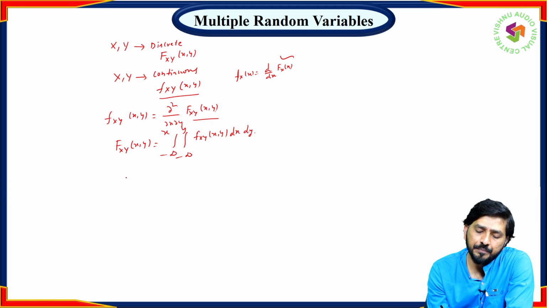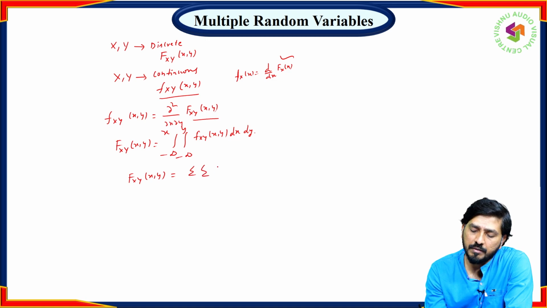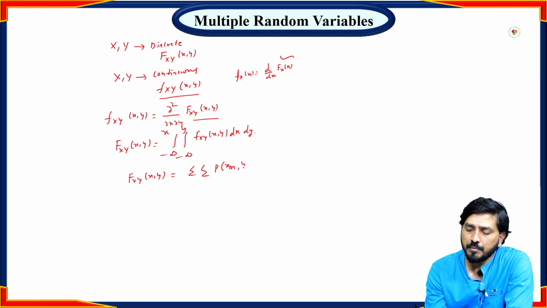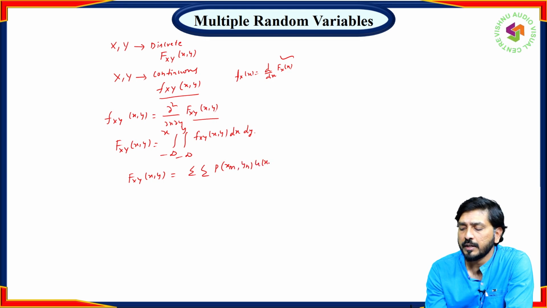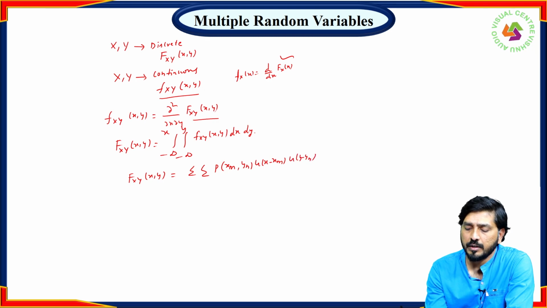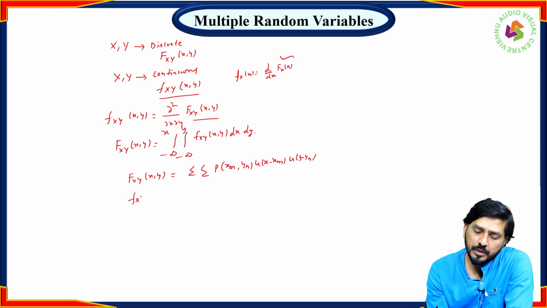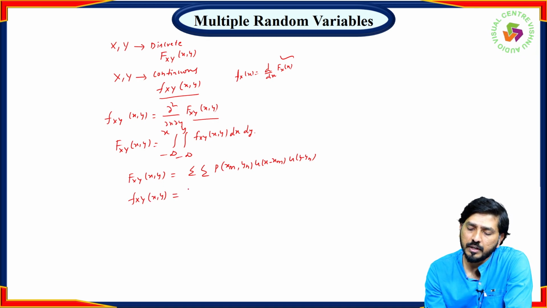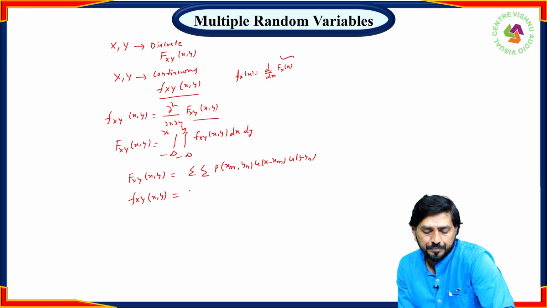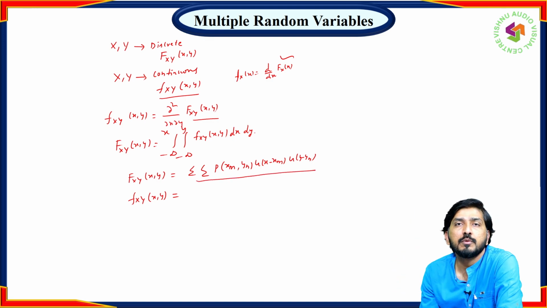So we have seen the distribution function in terms of step function. Already we have seen the sum of probability of xm comma yn times u of x minus xm times u of y minus yn. So what would be the expression for the density function? That is equal to the differentiation of the distribution function.